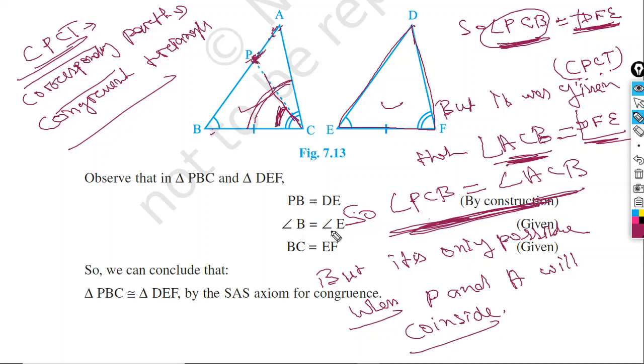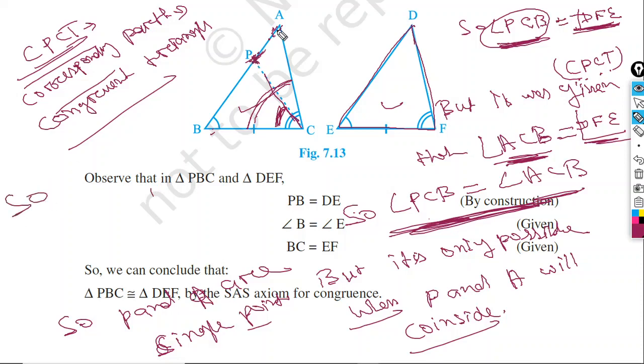So P and A are one single point. If P and A are the same point, then BP and AB are also the same. If point P and point A coincide, the lengths will also be the same.